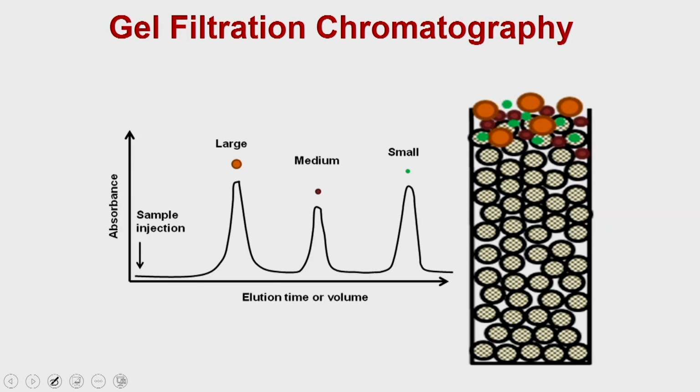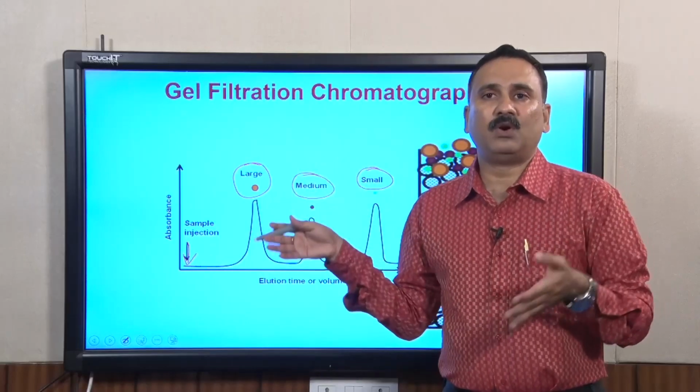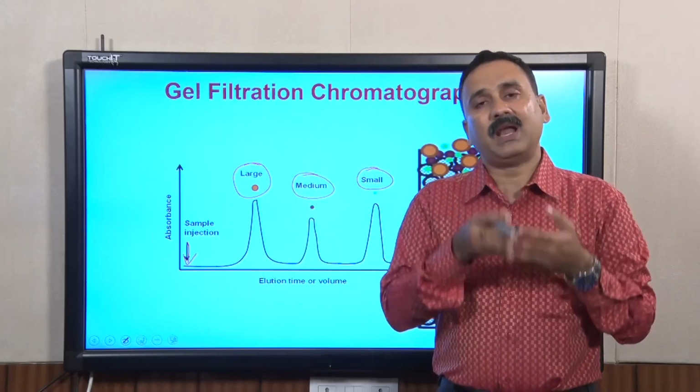So, this is what we are talking about. If you resolve molecules of different sizes, when you inject them, what you will see is that the large molecule comes out first, the medium size molecule comes out later, and the smallest molecule comes out last. The elution volume for the large is very small, for the medium it is in between, and for the smallest it is the largest.